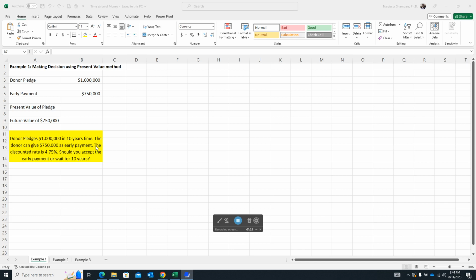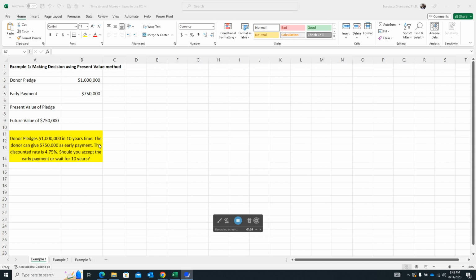This is where time value of money comes in handy, because we have to find a way of quantitatively making some necessary calculations to figure out the present value of $1 million today. In other words, we'll reduce it to a present value.